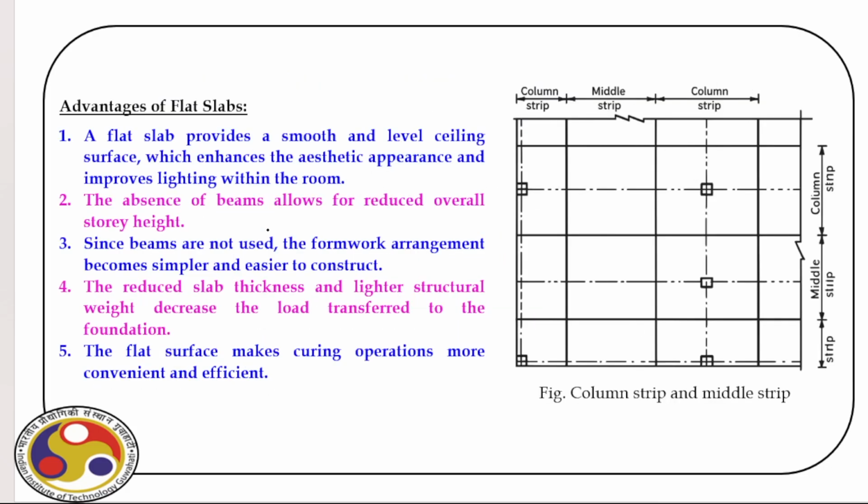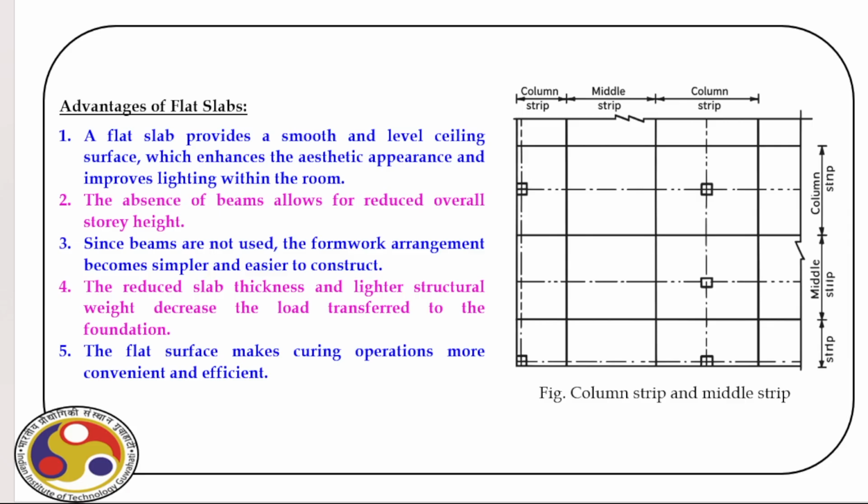Now, before we design a flat slab, let us first see what the advantages are. The first advantage is that it provides, as I told you, a smooth level ceiling, because if you have a beam in a frame structure, you can always see the beam hanging.